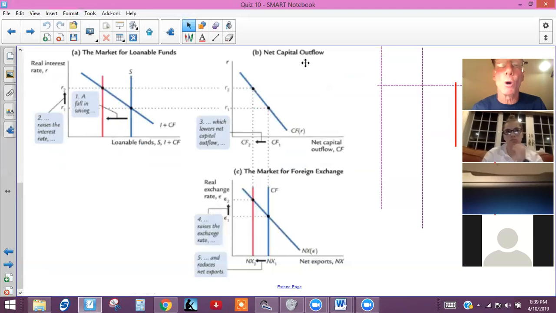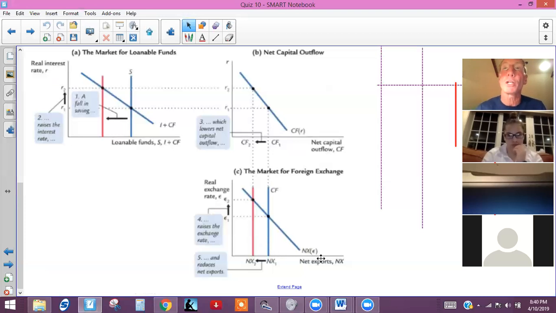So if we have higher interest rates, that attracts foreign investors, because they're going to come in and invest in, like, our government bonds, because now they're going to get a higher return on their investment. So that's going to draw capital into the country, which is going to mean our net exports drop.